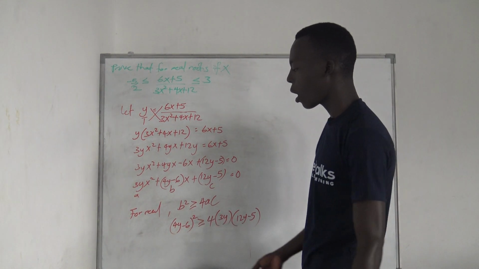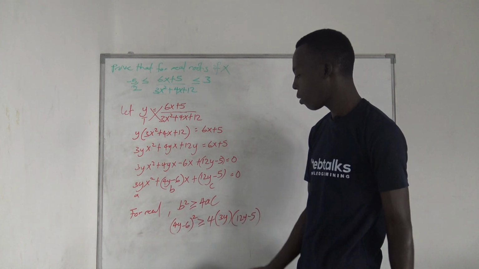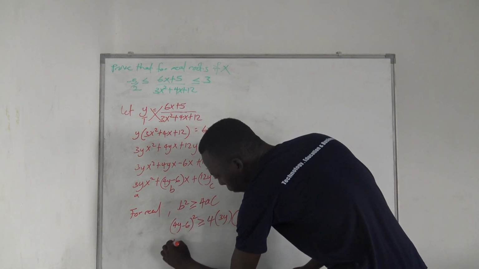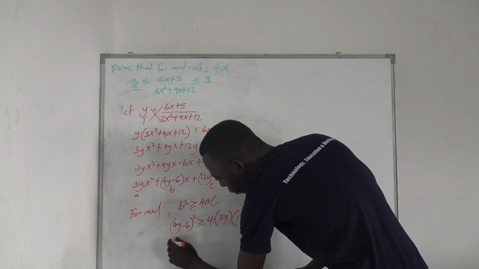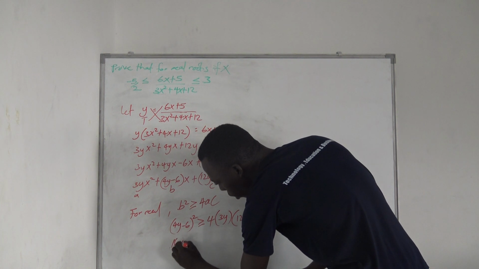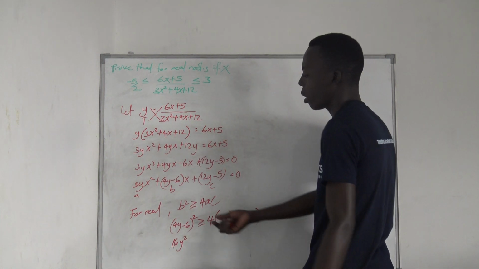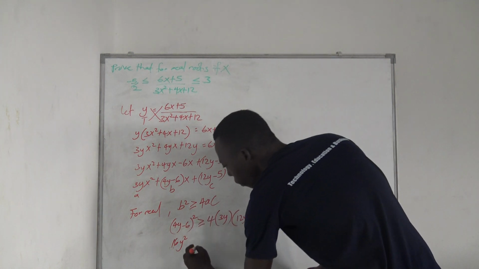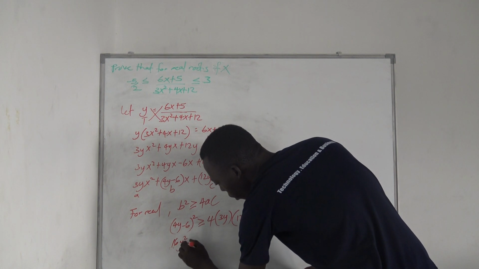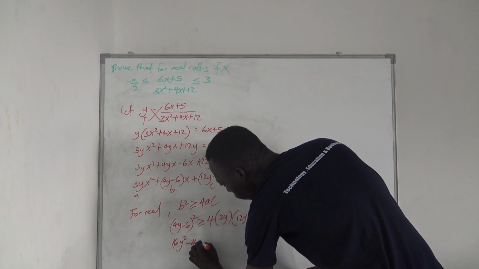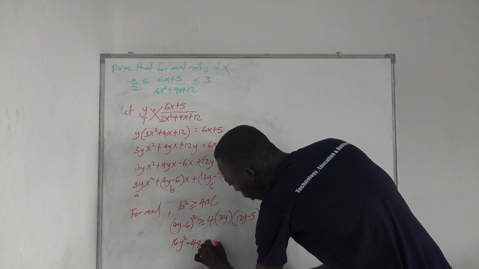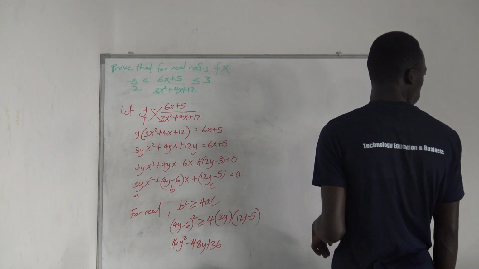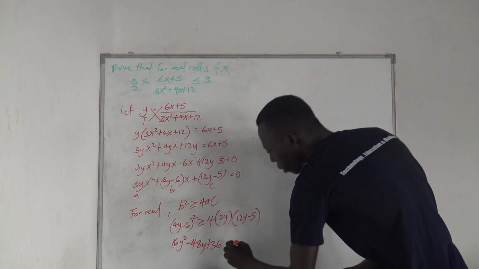So we have to deal now with this. We first square this one, and then we also multiply this side. The left side becomes 16y² − 48y + 36.